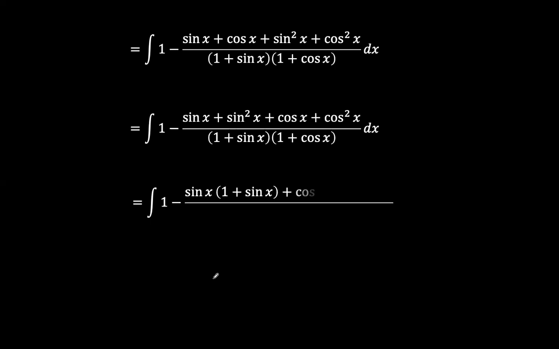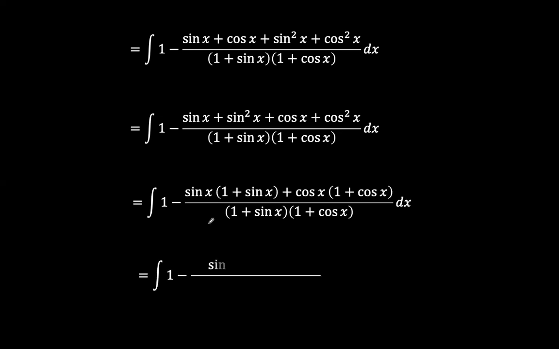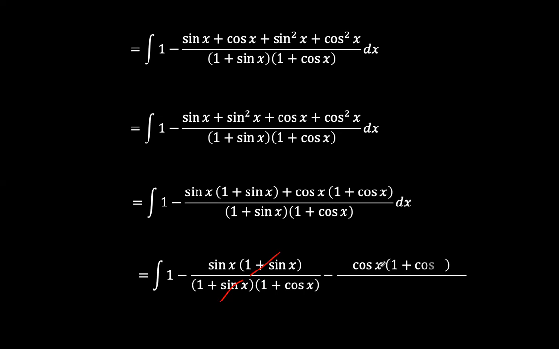The same thing happens in the second part where we factorize the cosine terms, right? So we've grouped sine x and sine squared x, where we pull out sine x, so we have this and that canceling, and then for the cosine x terms, that and that cancel out, right?